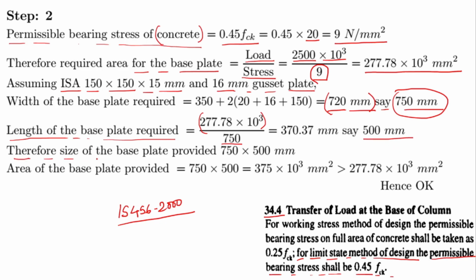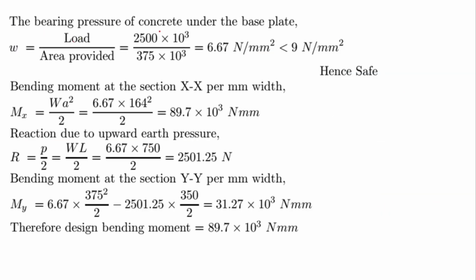Therefore, the size of the base plate provided equals 750 mm into 500 mm. Therefore, the area of the base plate provided, 750 into 500, equals 375 into 10 cube mm square, which is greater than 277.78 into 10 cube mm square. Hence, okay.